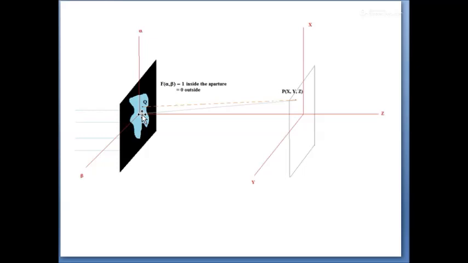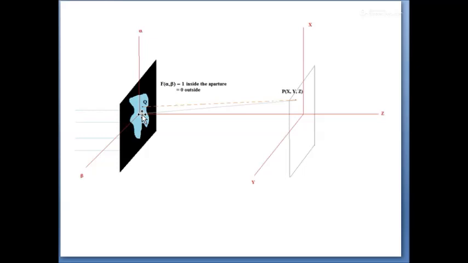Except for the region through which the wave is passing, the amplitude of the wave entering will be 0.